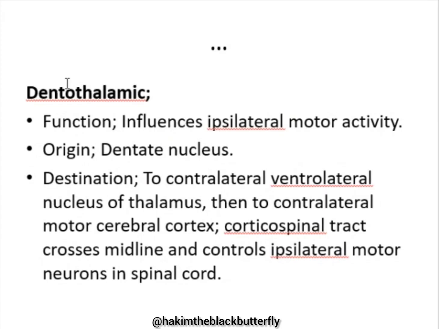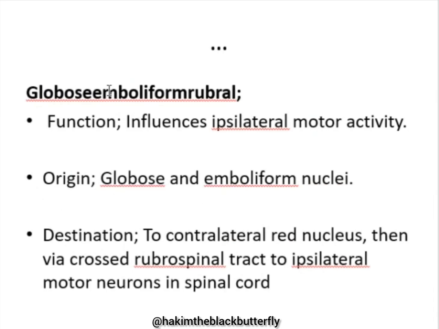Dentothalamic from the dentate nucleus to the specific motor nuclei of the thalamus of the same side, and then on towards the cerebral cortex, because once it is going to the thalamus, it's on its way to the cerebral cortex. Globose-emboliform-rubro, from the globose nucleus and emboliform nucleus, rubro for red nucleus, to the red nucleus of the midbrain.